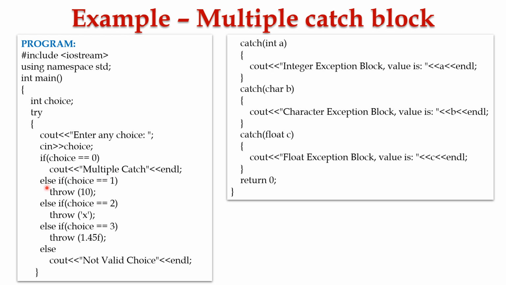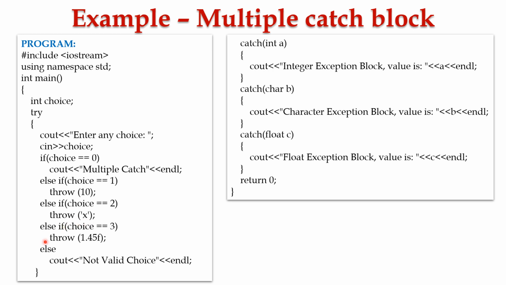Next, in the else if condition, we have checked whether the value of choice is equivalent to 1. If it is true, it throws the integer exception with value 10. Next, in the else if condition, we check whether the value of choice is equivalent to 2. If it is true, it throws the character exception with value small x.